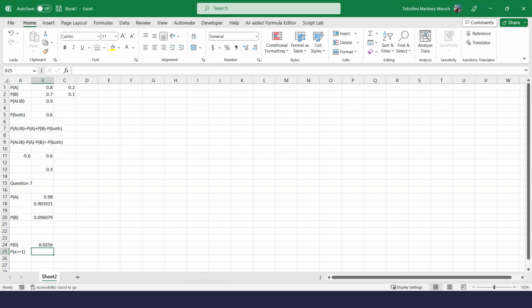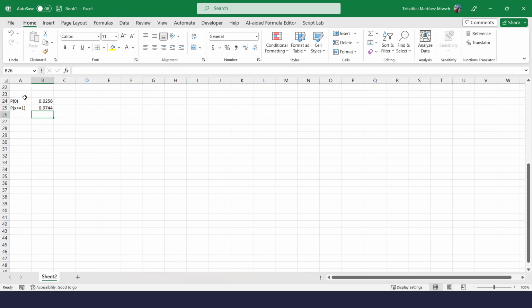So it'd be 1 minus the probability that none quit. So at least one of them is going to be 0.97. That's a good number. That's good data for this particular chewing gum. And this is question 8. Sorry. Let's go to question 9.